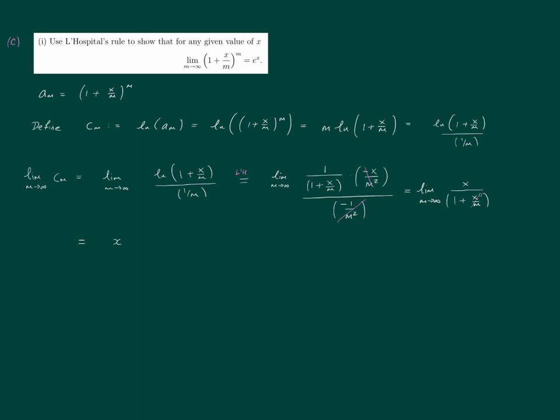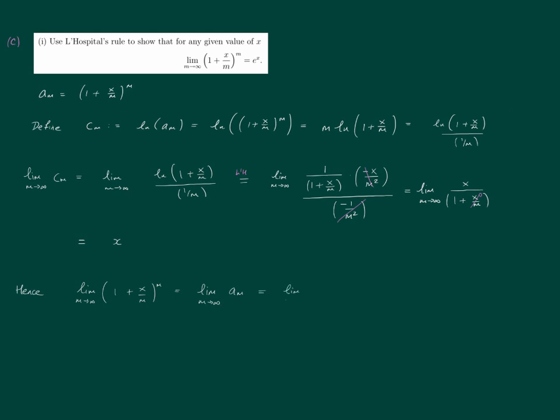Now, how can I use this to establish the equality I was asked for? Well, I can say, so hence, lim m goes to infinity, now I'm going to limit a_m. So 1 plus x over m to the m is equal to lim m goes to infinity of a_m.